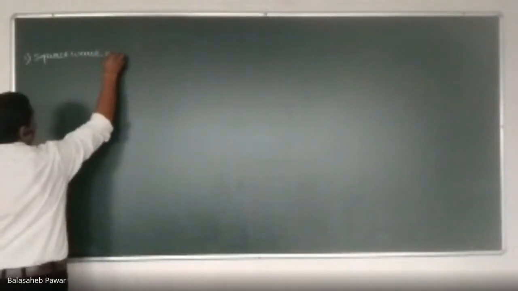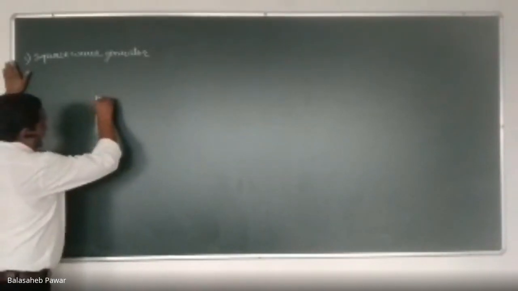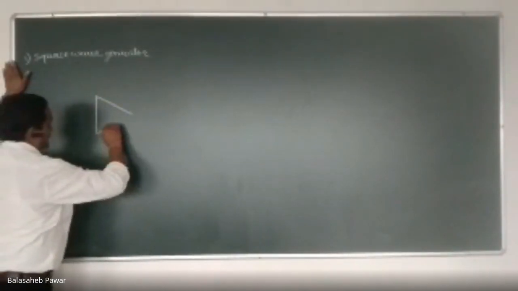Square wave generator using op-amp. Okay. If you can recall that circuitry, basic circuit, you can draw it. Otherwise, I will show you.